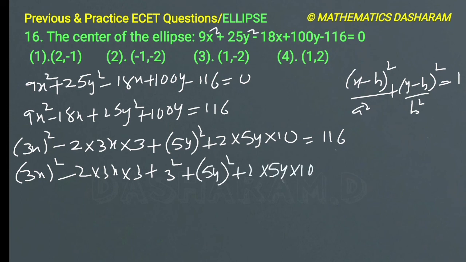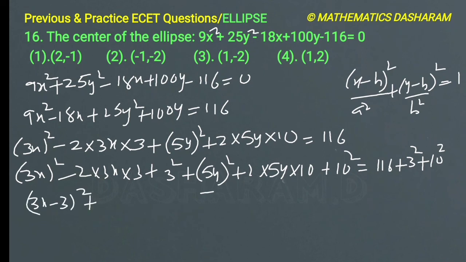Here the b value, how much? 10. So then 10 square. If we are adding the terms on the LHS, the same terms should be added on the RHS also. So that is why 3 square plus 10 square. Now a square minus 2ab plus b square means a minus b whole square. So 3x minus 3 whole square.